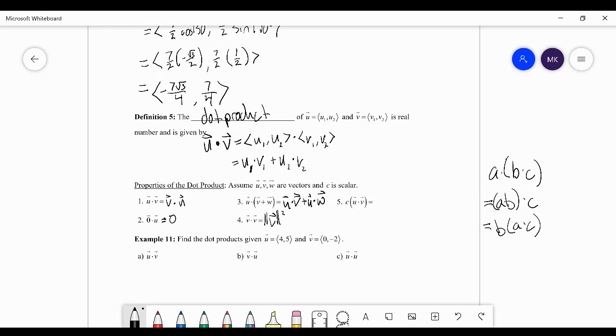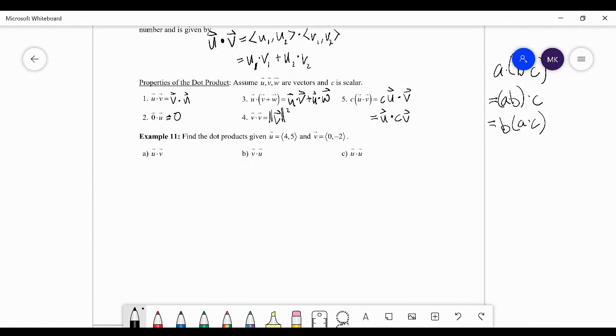Same thing here. So C times U dot V is going to be C times U dotted with V, or U dotted with C times V. Okay, so in this case, C is a scalar, so C is a singular number.